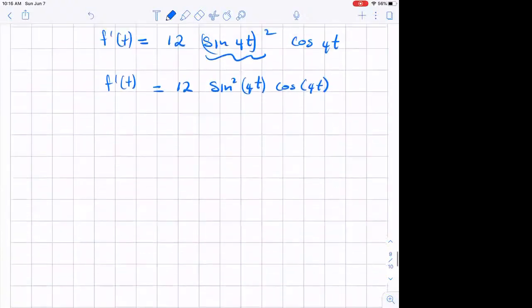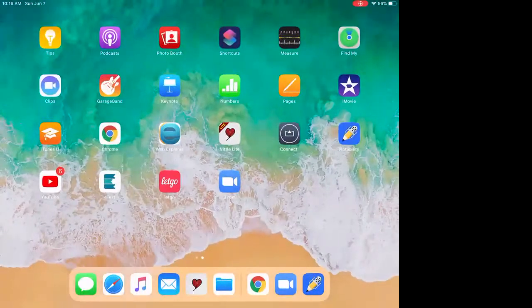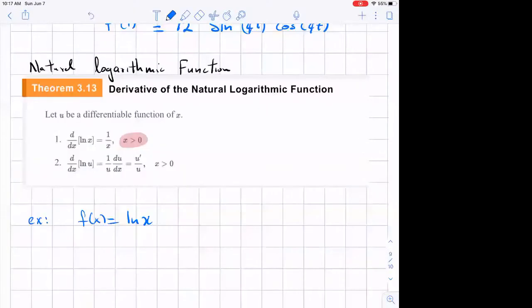The same thing works also for logarithm functions and exponential functions. So this is very important here, right? That x has to be greater than 0. So if f of x is equal to ln of x, then find f prime of x.